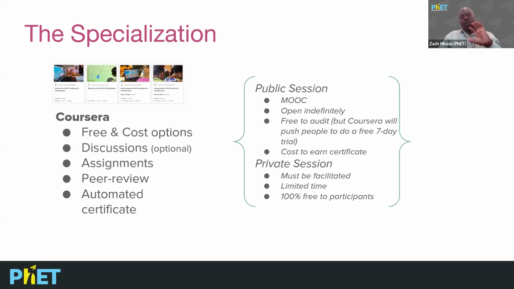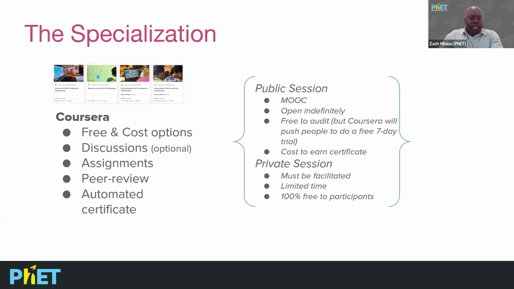Now, this course is offered in two categories. We have a public session, where you can just audit the course and not get a certificate, or you can decide to pay a fee, and once you pay the fee and complete the course, you get a certificate.